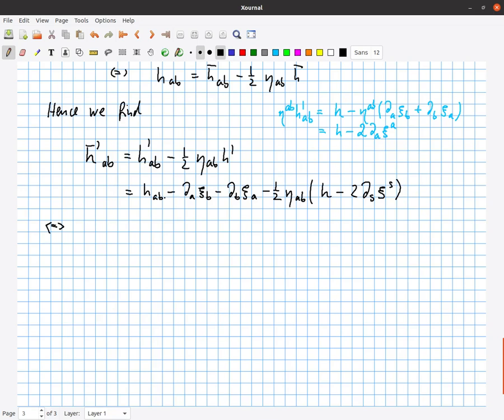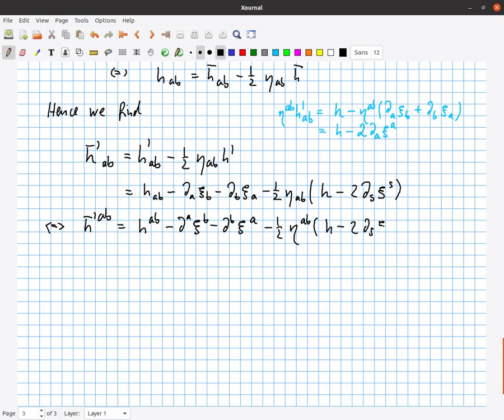To make our life ever so slightly easier, I will raise here both indices, and this makes the next line slightly easier to write. h bar prime^AB equals h bar^AB minus, again, apologies for the upper indices here, partial^A xi^B minus partial^B xi^A minus a half eta^AB (h minus 2 partial_S xi^S).